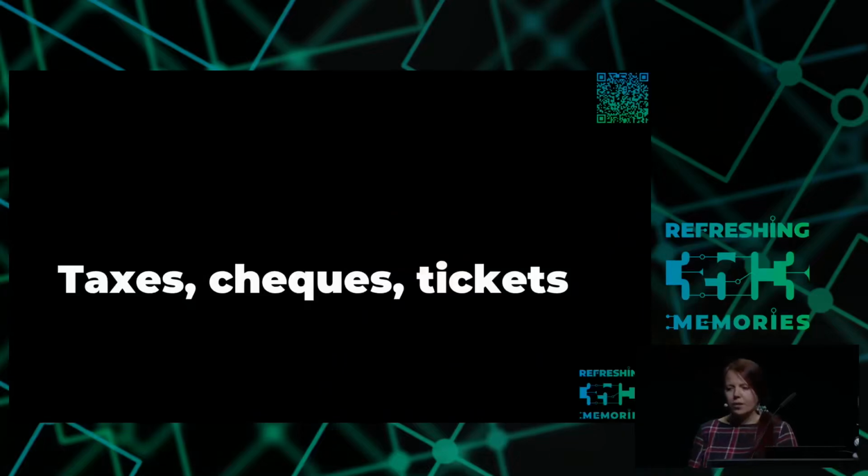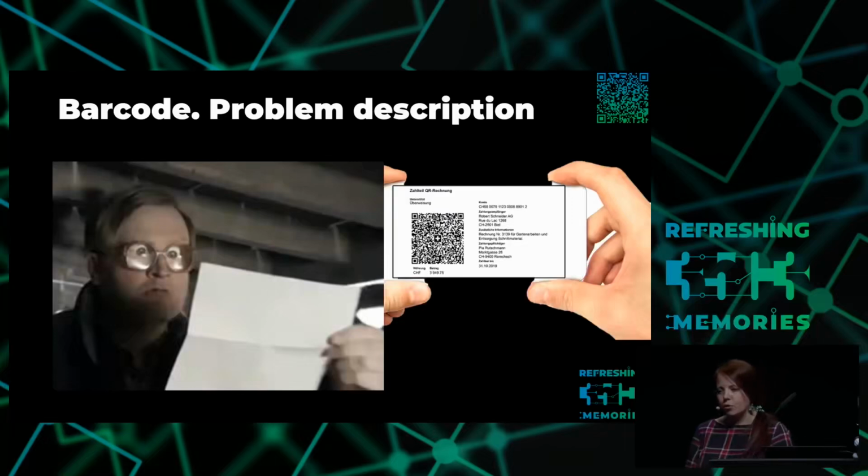It is pretty upsetting when you have to pay taxes or buy tickets and pay some money again, and that feeling that you have to input tons of numbers and letters to pay something in an ATM.